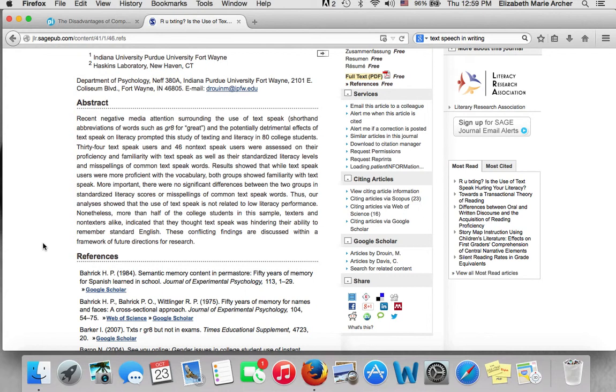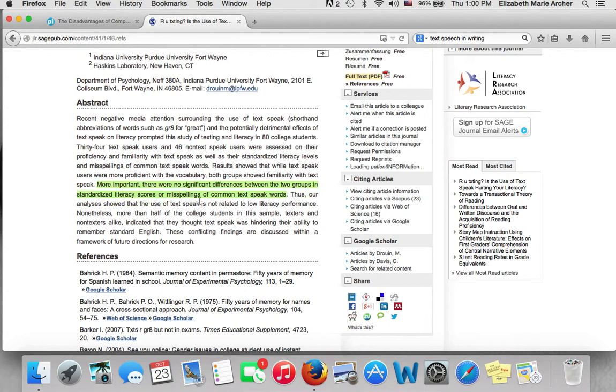Reason: negative media attention. Use of text speak, shorthand abbreviations. Ooh, great for great. Detrimental effects of text speech on literacy prompted this study of texting and literacy in 80 college students, 34 text speak users and 46 non-users. Results showed that while text speak users were more proficient with the vocabulary, both groups showed familiarity with text speech. More important, there were no significant differences between the two groups in standardized literacy scores or misspellings of common text words.